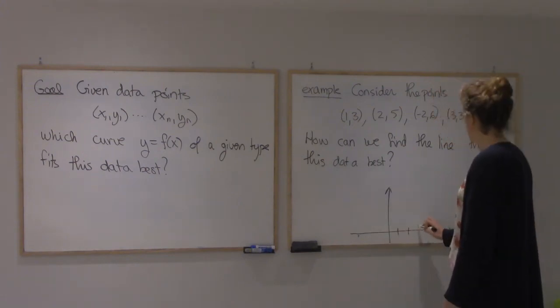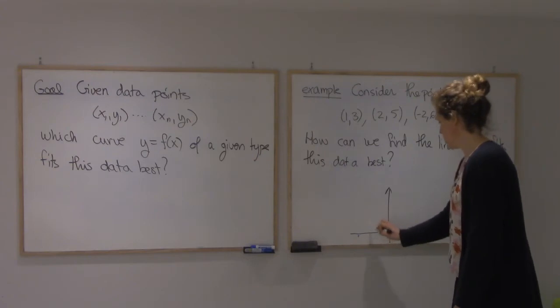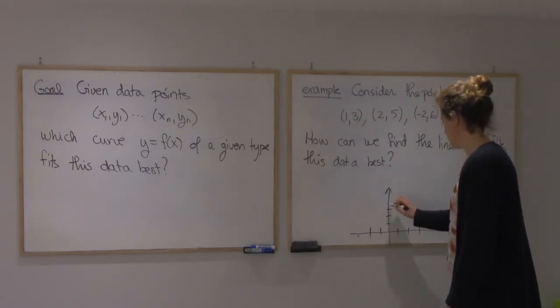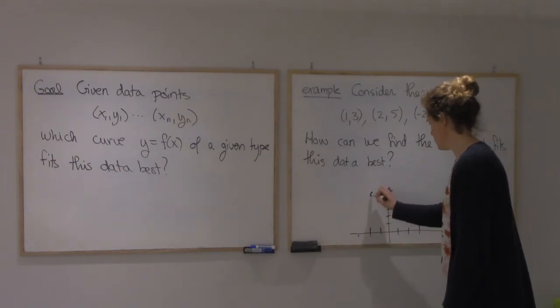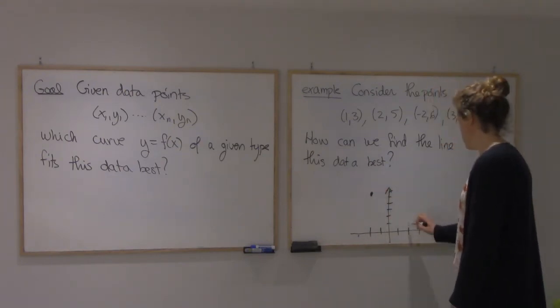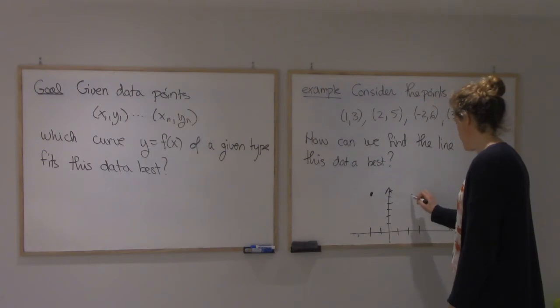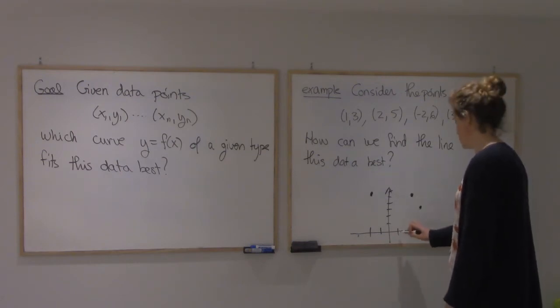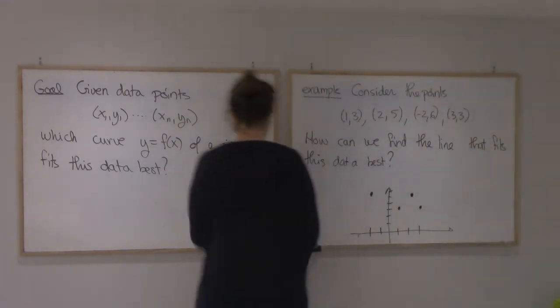I have this point, 2, 5. I have this one, 3, I got 3. And 1, I have 3. And -2, 6. Alright, so those are my points.